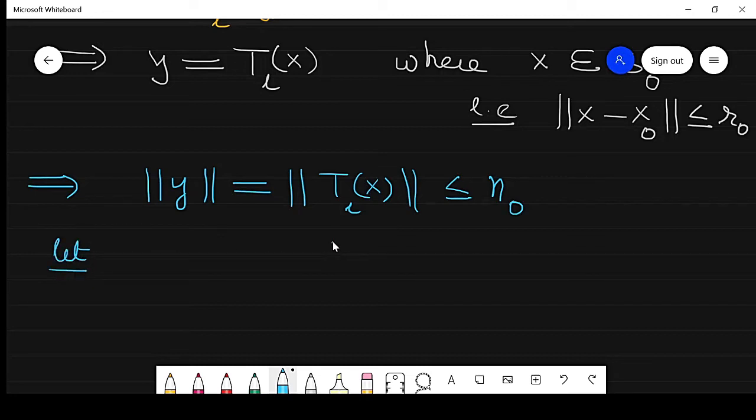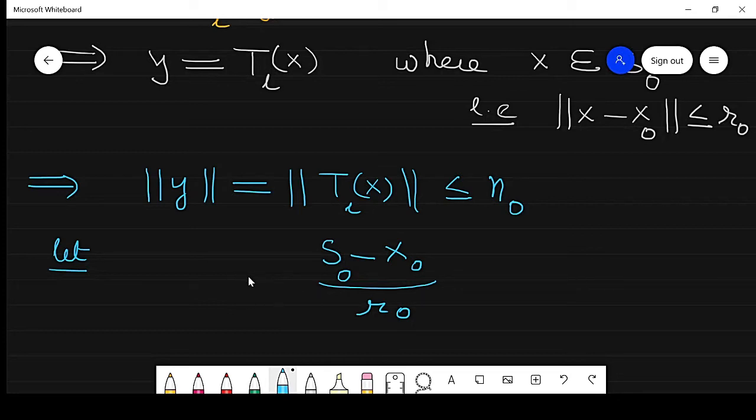S0 is a sphere with the center x0. If I subtract x0, we get a sphere with the center origin and radius r0. If I divide by r0, it is a sphere with center origin and radius unity.